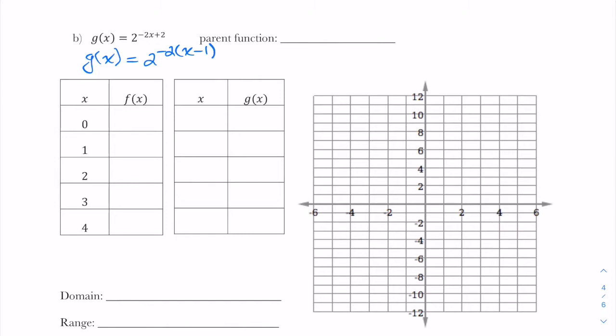Now that we've done that, we can correctly identify that we have an a value of 1, a c value of negative 2, an h value of 1, and a k value of 0. Our parent function is f of x equals 2 to the exponent x.